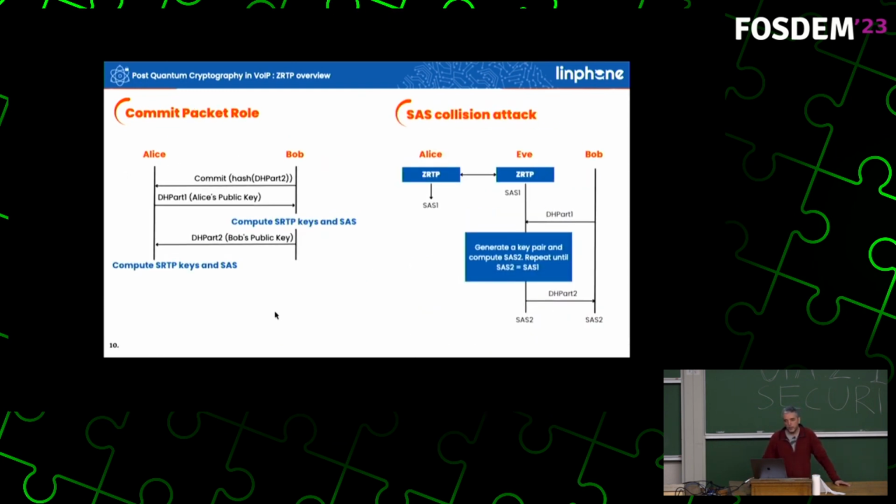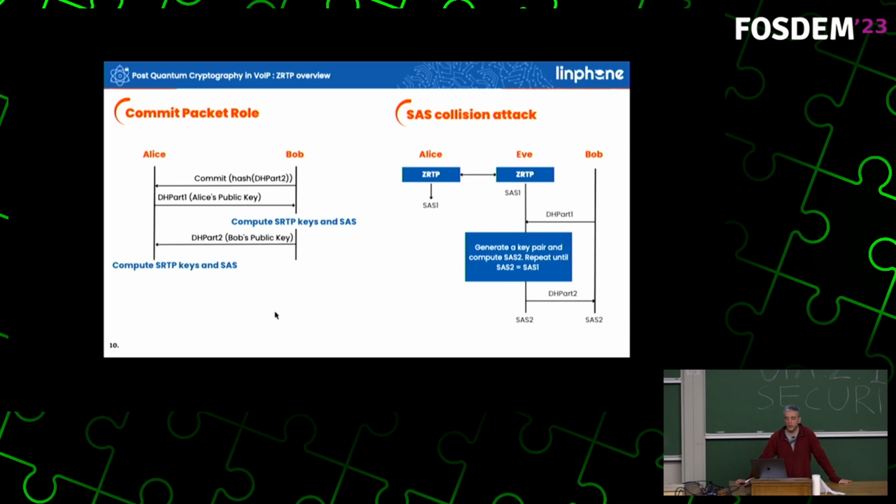The only problem with that is that you can actually perform a SAS collision, because the SAS is very short. How would it work? At the beginning of the protocol, as soon as Alice sends a public key to Bob, Bob is able to compute S0 because he has his own secret key, and he is then able to compute the SAS. So what one could do is that Eve first performs the ZRTP exchange with Alice.